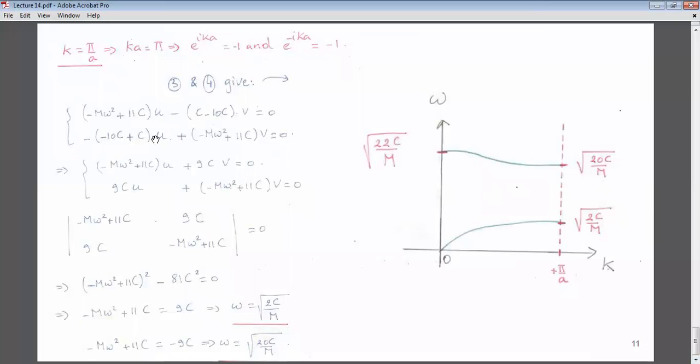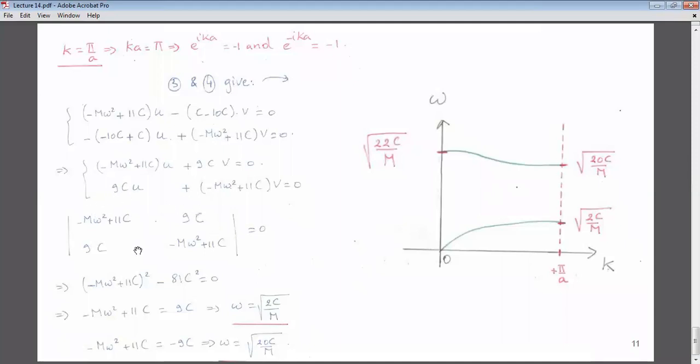Minus into minus 10C plus C u plus (minus m omega squared plus 11C) v is equal to 0. Again, I'll do a little bit more of math. Here I have C minus 10C, so that is minus 9C. With a minus outside, becomes plus 9C. And here I will also get 9C.